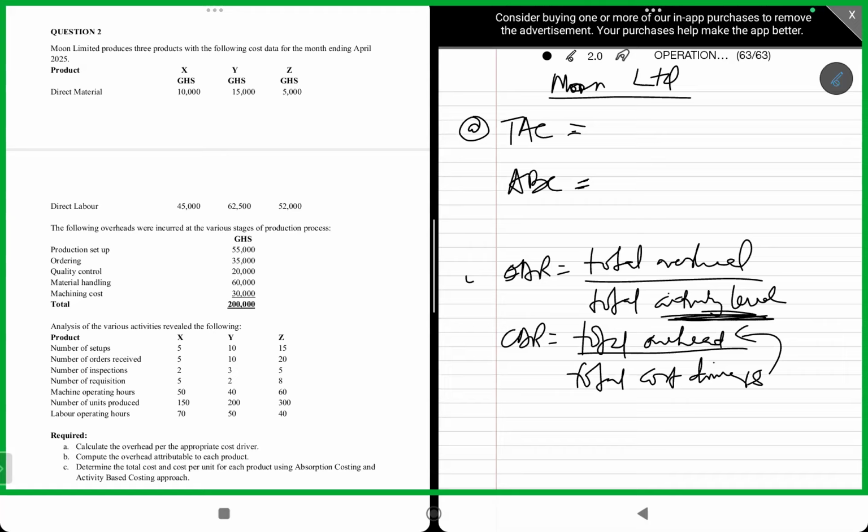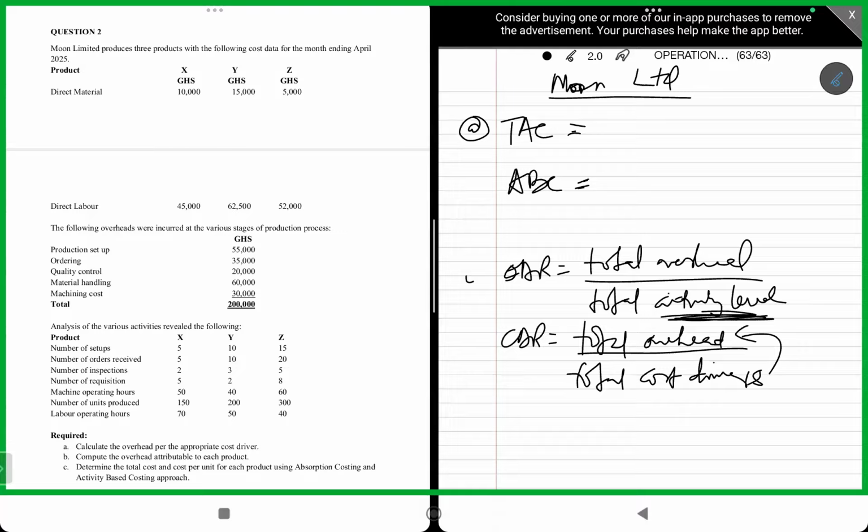So let's say the fuel cost is driven by a cost driver called liters. Are you getting it? And that cost driver is the same as what is called activity level.